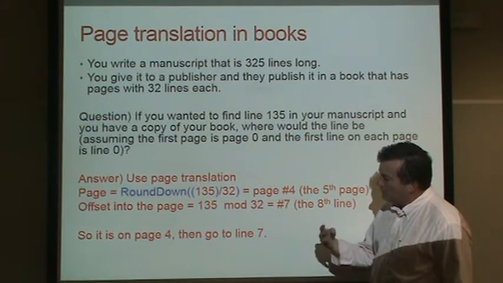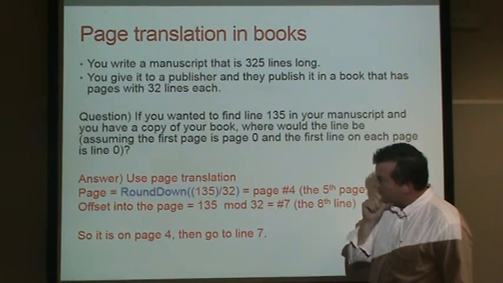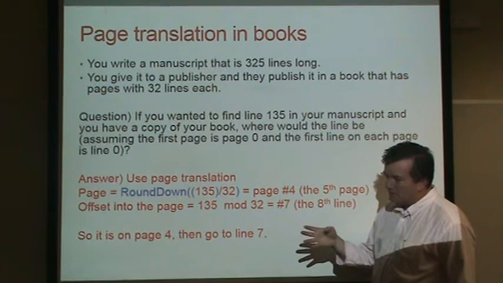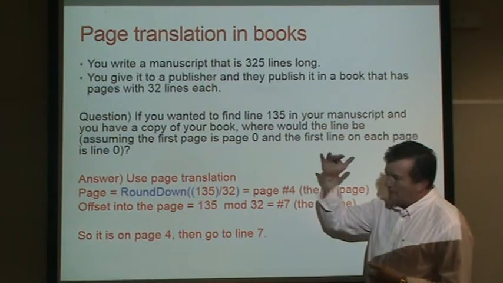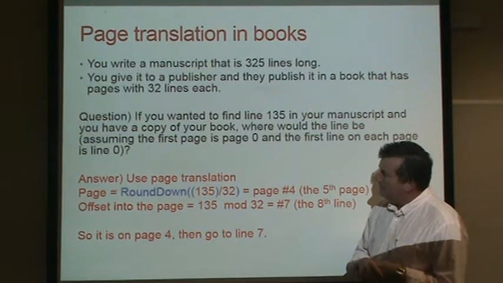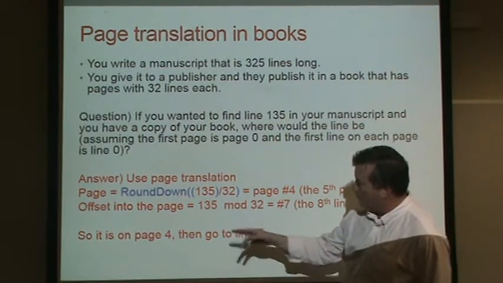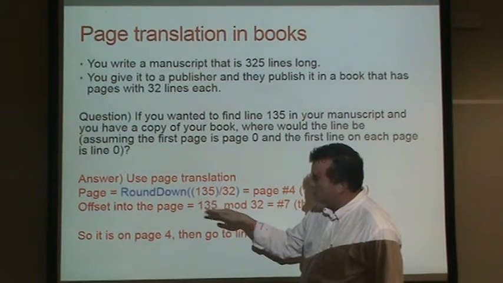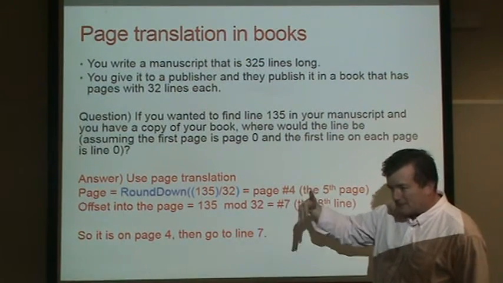So for example, if you were to write a book that had a couple hundred lines to it, gave it to a publisher, and the publisher decided to print the book where each page had 32 lines on it, then if you wanted to find, for example, line 135, which would really be the 136th line because you started at line 0.